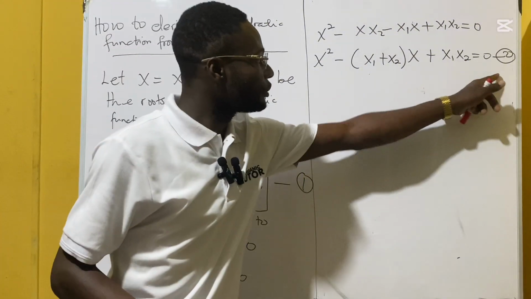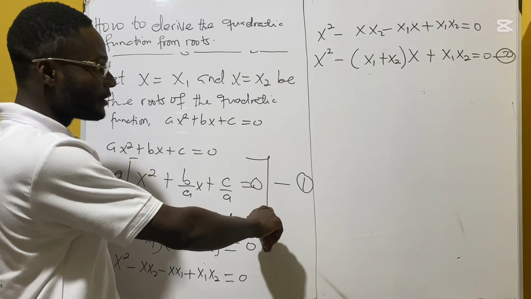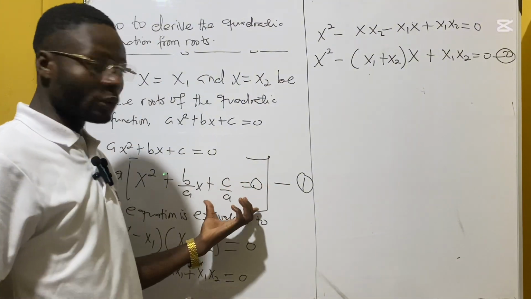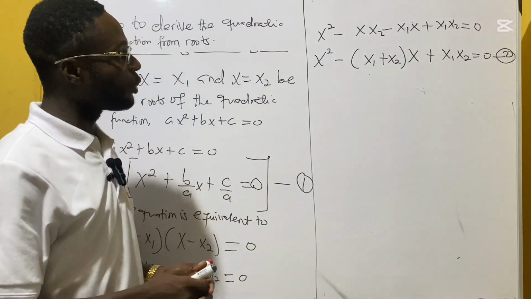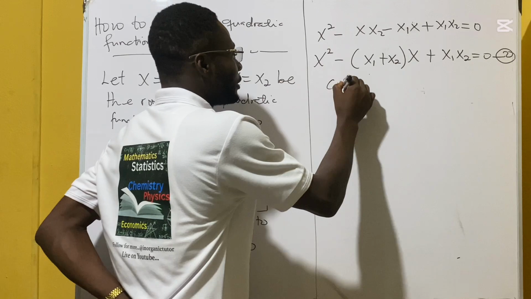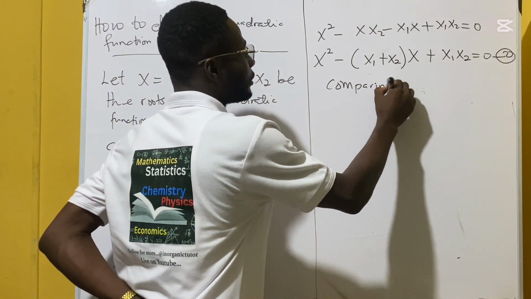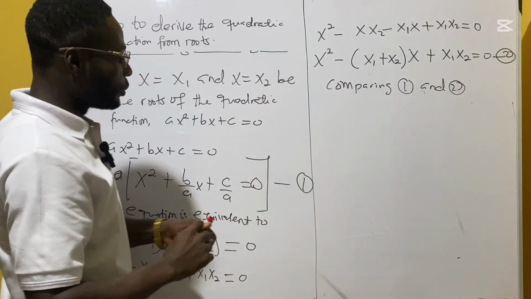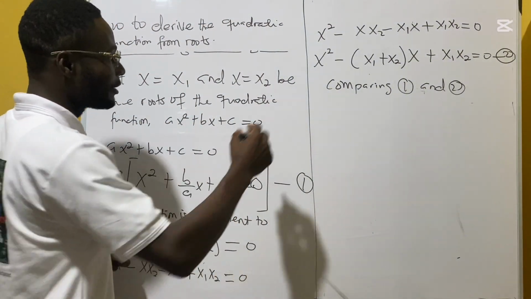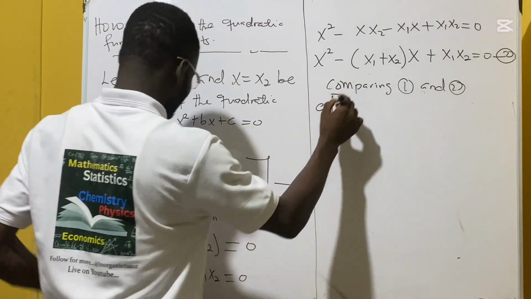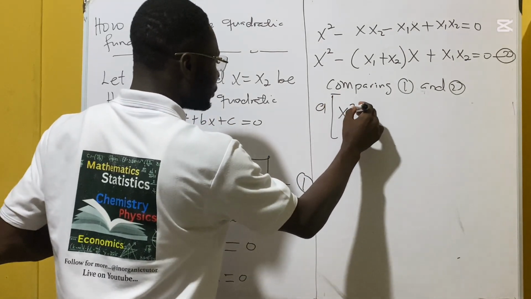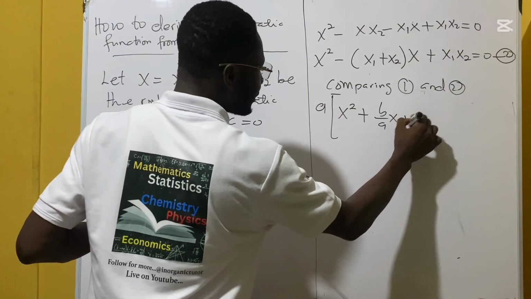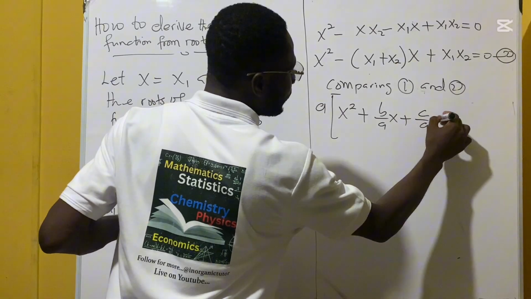This equation and this equation have something in common. So here we compare equation 2 with equation 1, or equation 1 with equation 2, whichever way. Comparing equation 1 and 2, from equation 1 we have a times (x squared plus b over a x plus c over a) equals 0.